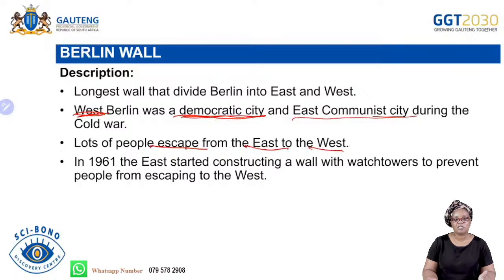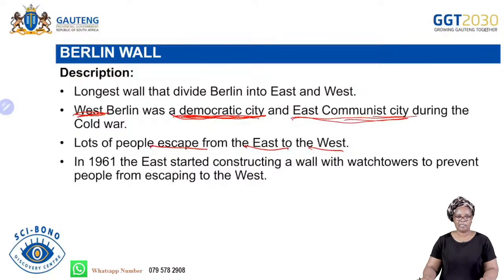Now you have to ask yourself, why were lots of people escaping from the East to the West of Berlin? Because remember, the East was a communist city, whereas the West was what? A democratic city. So people left the communist East and went to the democratic West.